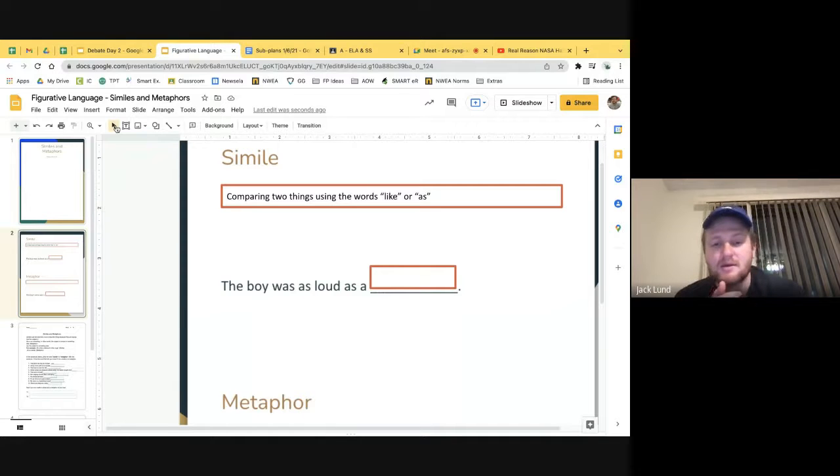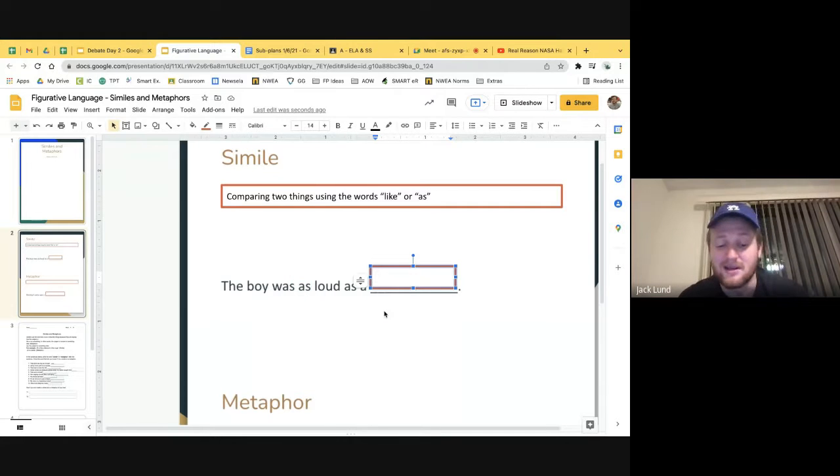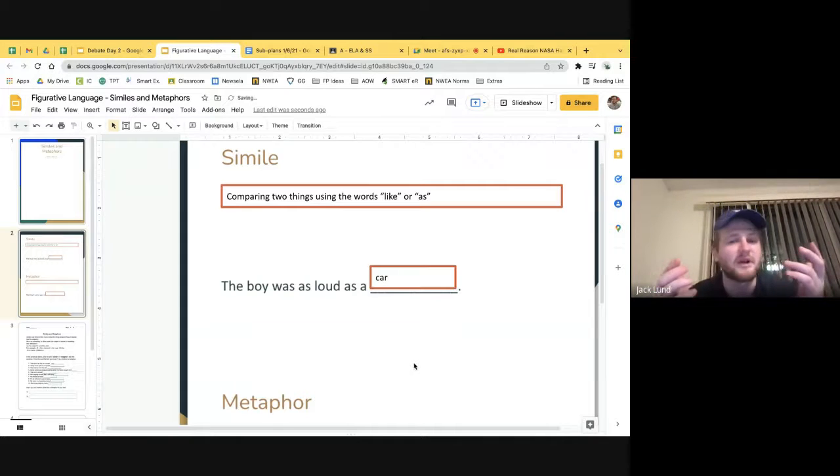So if we look down below, you see that there's an example there. The boy was as loud as a... So we're going to say that this boy, we're going to compare it to something. And we're going to say that both of these things are loud. And we're going to use the word as. So we could just say the boy was as loud as a car. Could be anything. Could be a whale. A dinosaur.